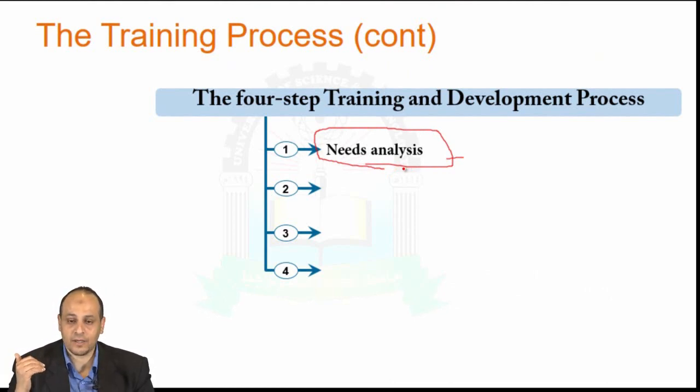In analyzing the need, we start quite big and then we drop down smaller, meaning we always focus on the strategic orientation or the main objective of the business itself and how it is linked to the departmental output and to main sections. So the companies here would like to come up with a training program that is directly linked to the overall corporate objective. So that's why need analysis is an important issue.